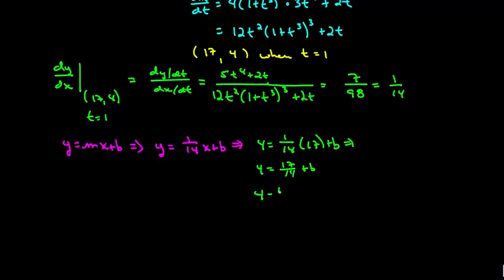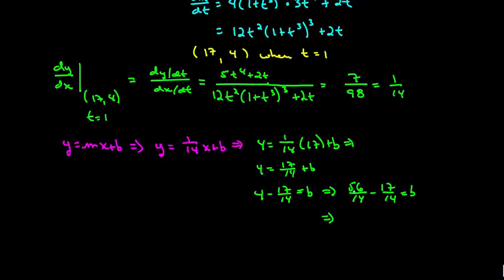So 4 minus 17 fourteenths is going to be equal to b. So we need to get this over 14, and so that will be, I believe, 56. 4 times 14 is 40 plus another 16. Yep, that's 56. So this implies that 56 over 14 minus 17 over 14 is equal to b.